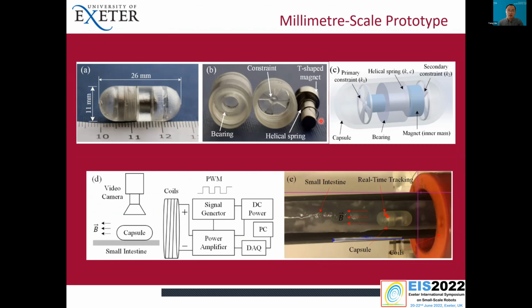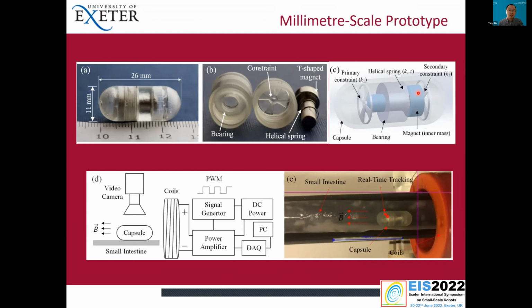In this design, we employ T-shaped permanent magnets, and we decided to put our coil external like this. We use the external coil to drive the capsule, and it can give a much more powerful driving force, and it will also not cause any heating problem.